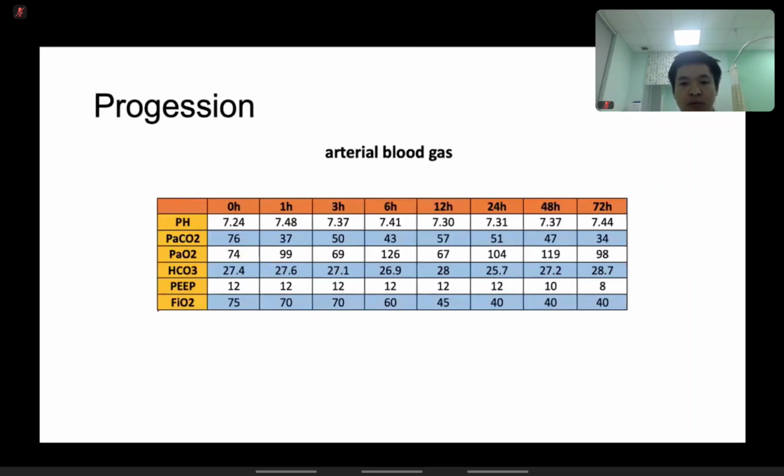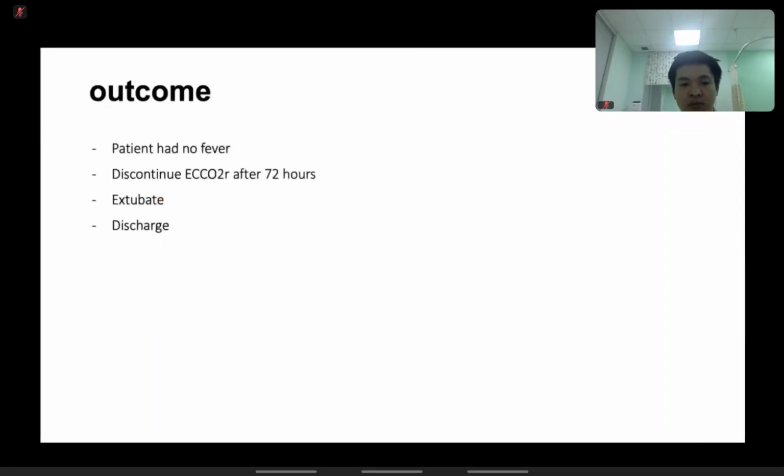When we use ECCO2R, after 1 hour, the pH of the ABG is normal, and the PaCO2 is normal. After that, the patient had no fever, and ECCO2R was discontinued after 72 hours.